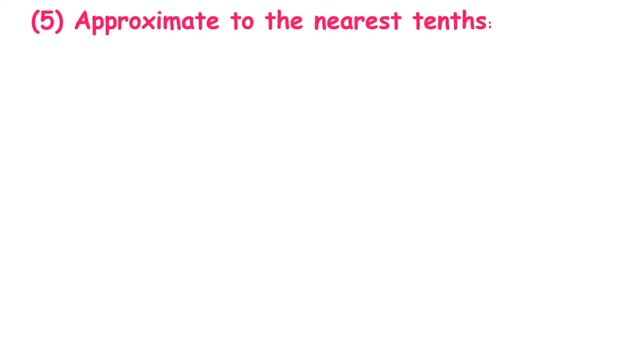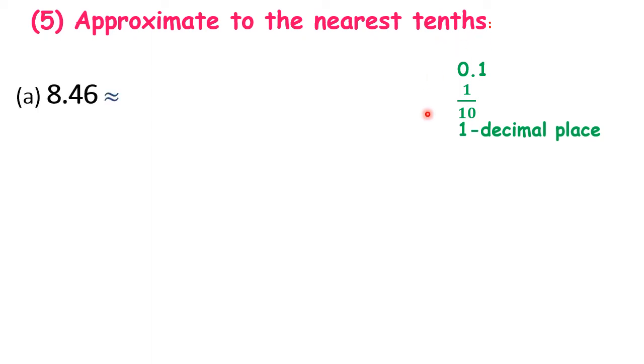Question 5. Approximate to the nearest tenth. Tenths. If I get 0.1 or 1 over 10 or 1 decimal place, it is the tenths. Okay, number 8.46.